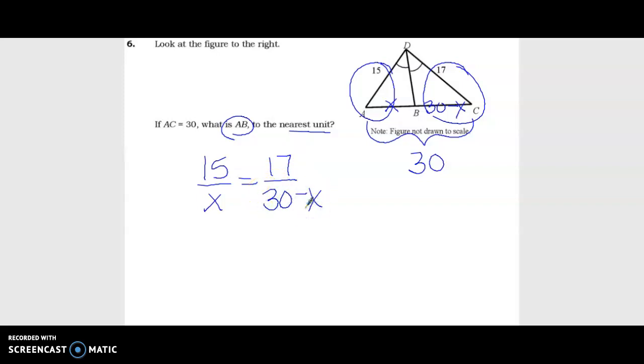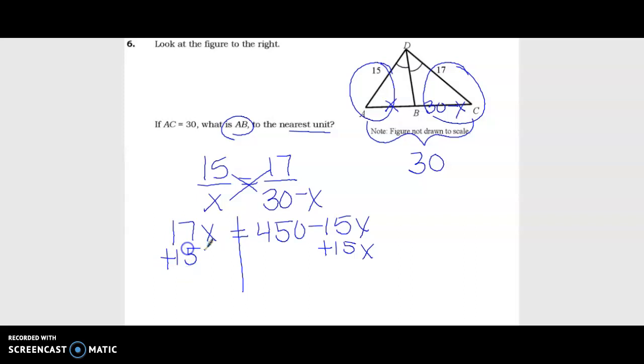But then I'm going to go ahead and cross multiply. From here, you can go ahead and solve for X. And then you want to divide by that 32.